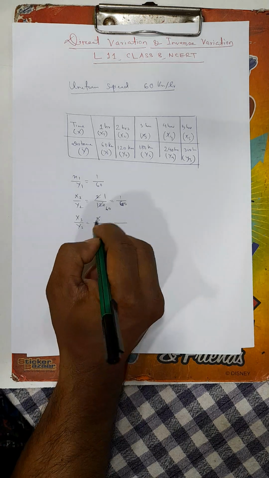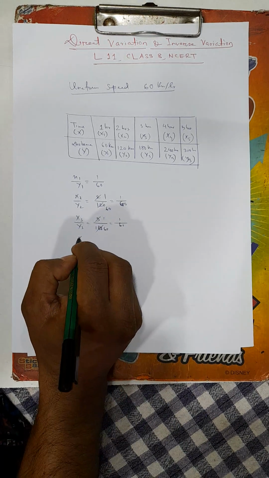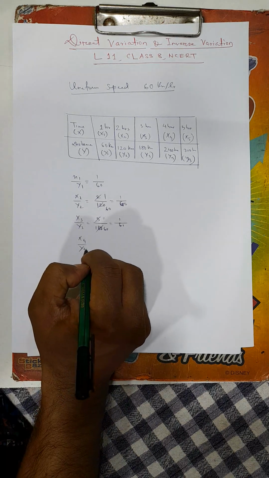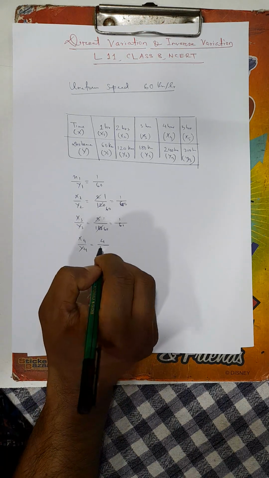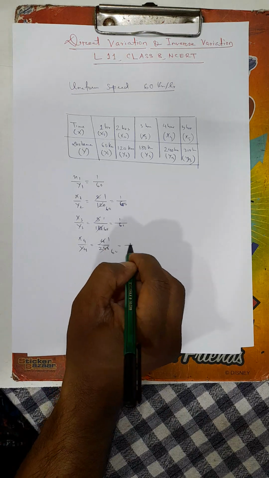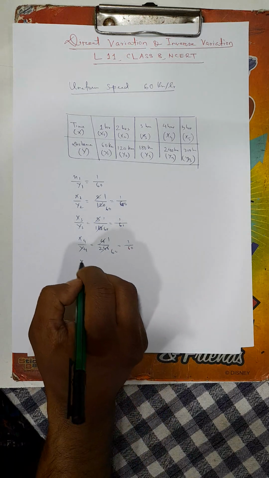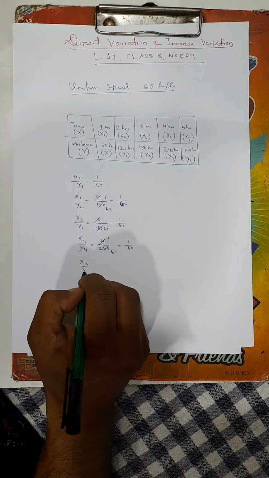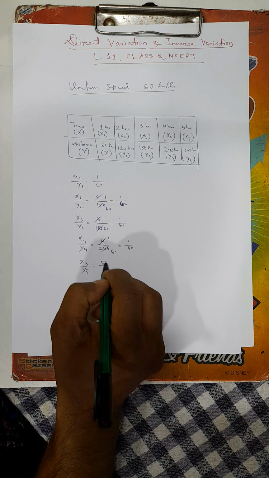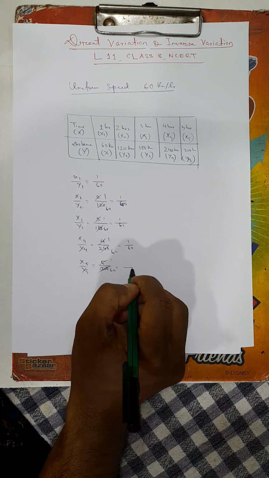That means it is again 1 by 60. x4 divided by y4 is 4 by 240, which is again 1 by 60. In the last case, x5 divided by y5 is 5 by 300, that means 5 ones are 5, 5 sixties are 300.